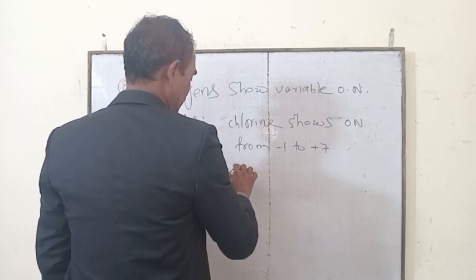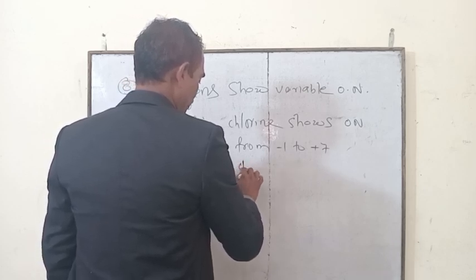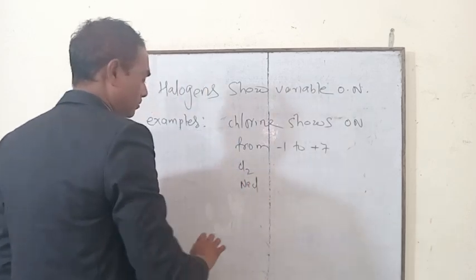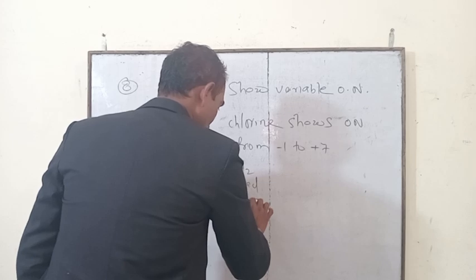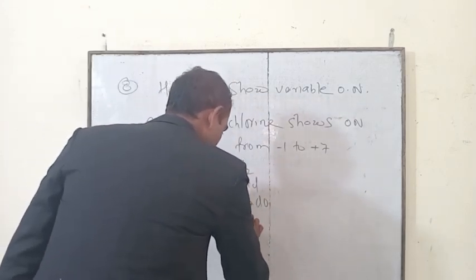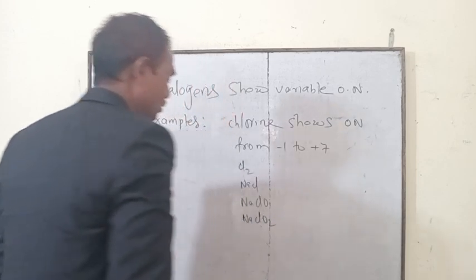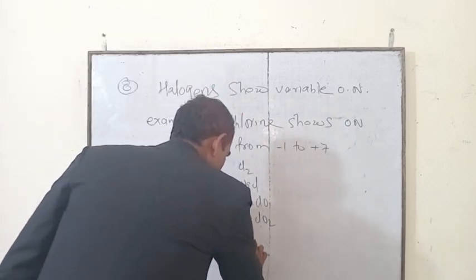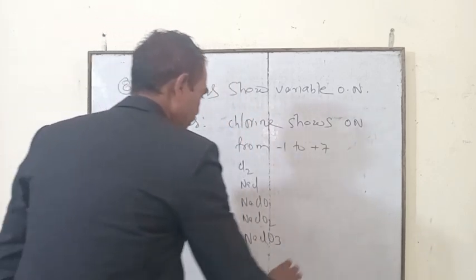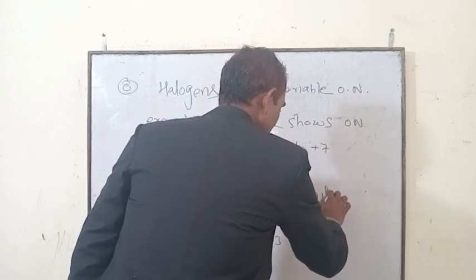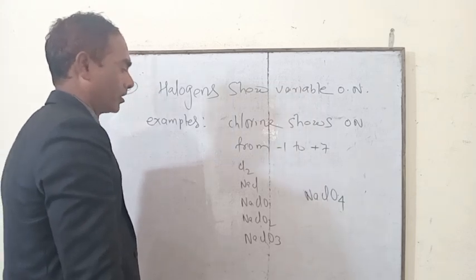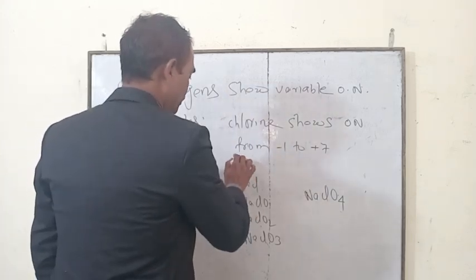Like chlorine molecule, sodium chloride, sodium hypochlorite, NaClO2, sodium chlorite, NaClO3, sodium chlorate, NaClO4, sodium perchlorate. Oxidation number here 0.